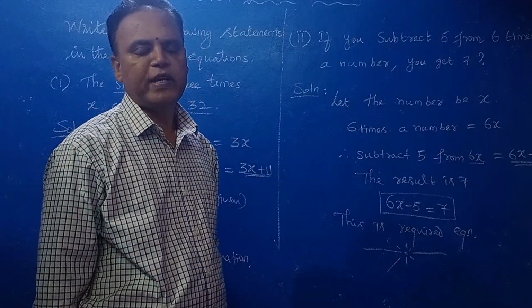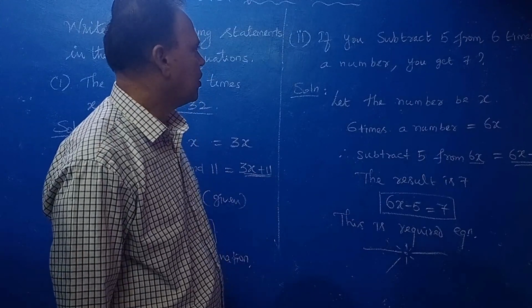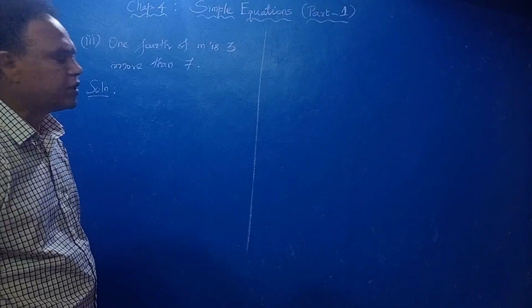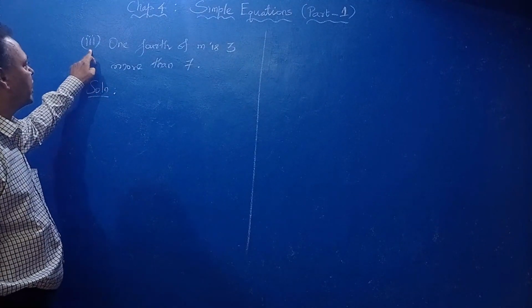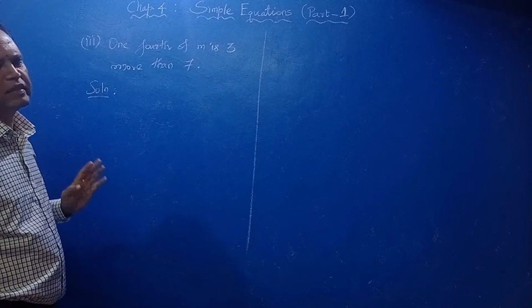Understand? So very simple. Easily we can form the equation according to the given condition. Clear? We see the next problem. Third one: 1/4 of m is 3 more than 7.